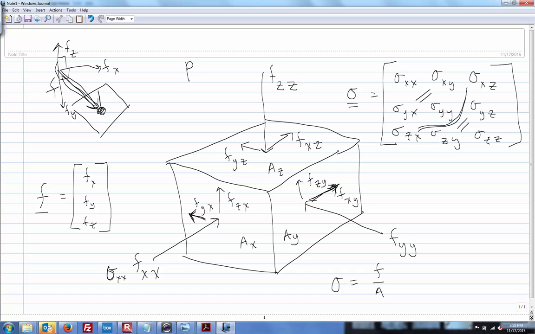So, as it turns out, there are 6 independent components. These 3 are the normal, and these 3 are the shear.